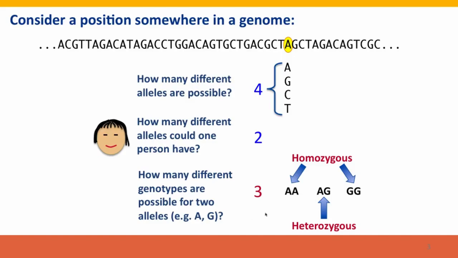So a person, considering 2 alleles, could have 2 copies of the identical allele. So they could have 2 A's, one from mom, one from dad, or 2 G's, in which case we would say they were homozygous at this position, this locus, either homozygous for A or homozygous for G. Or they could have 2 different alleles, in which case we would say that they were heterozygous at this position.